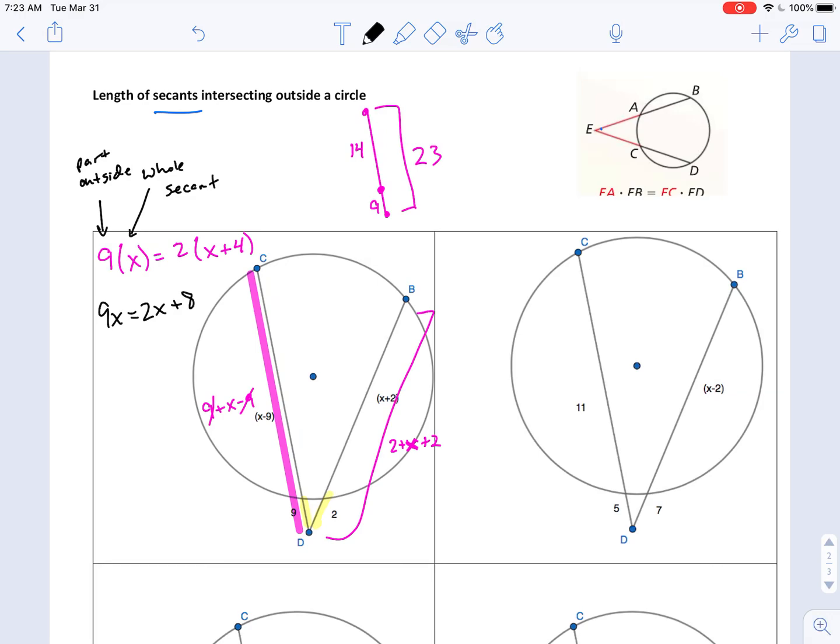So I've got 9x equals 2x plus 8. And you're going to get a lot of fractions here today, so don't worry too much about strange decimals. And I can subtract 2x, 7x equals 8, and x equals 8 over 7.